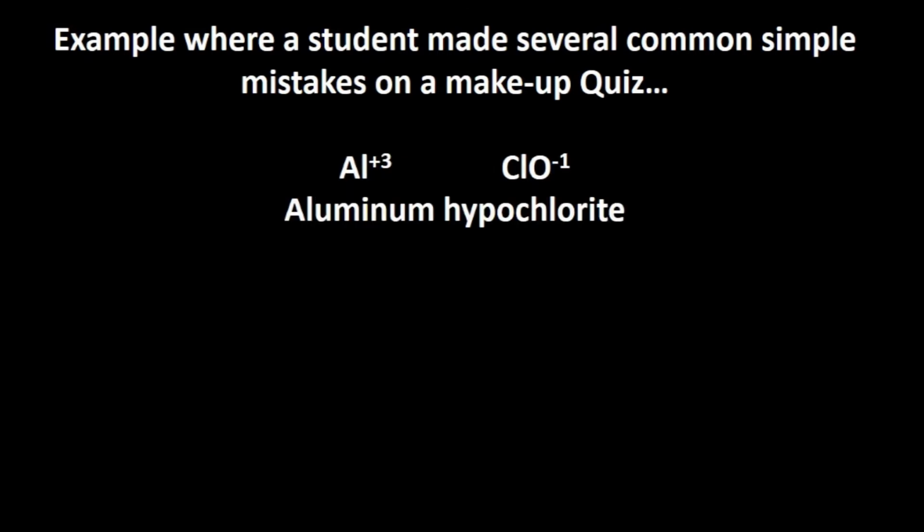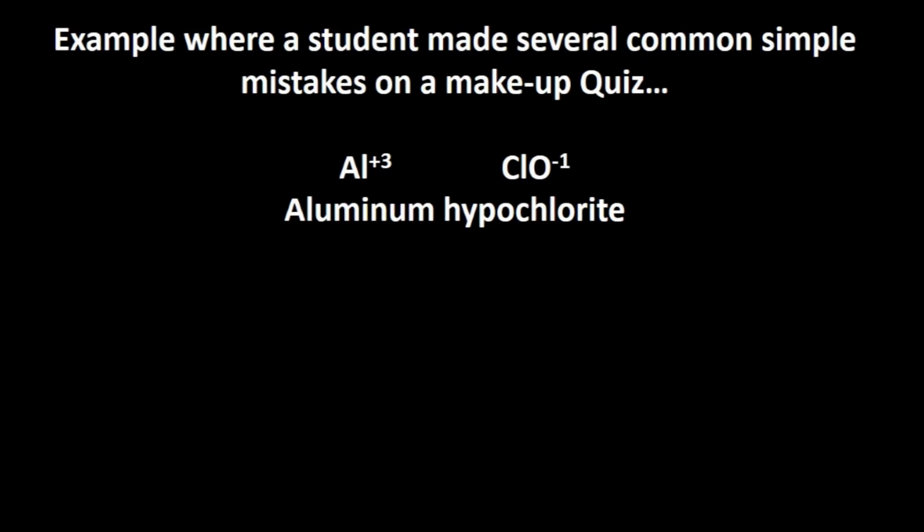Okay, here's a problem where a student made a common mistake on a makeup quiz. Well, it was aluminum hypochlorite, and aluminum has a symbol of Al and +3, and hypochlorite is ClO, -1 charge.